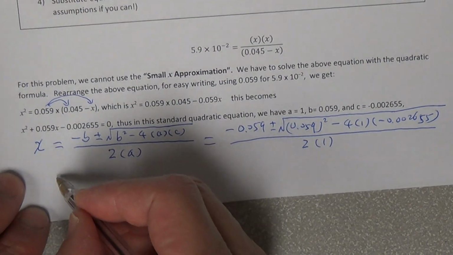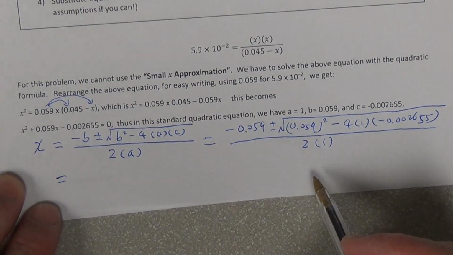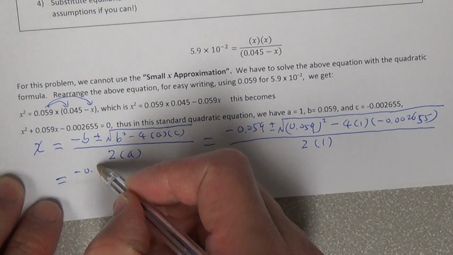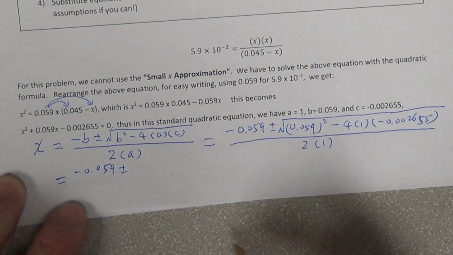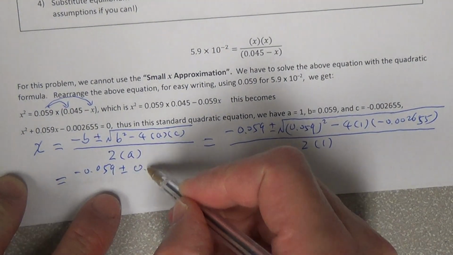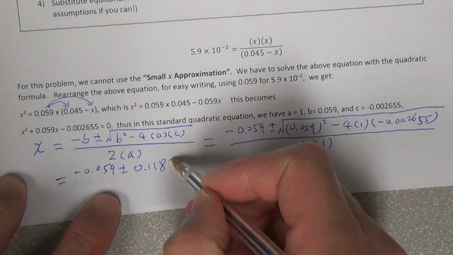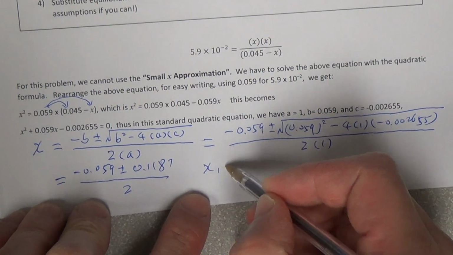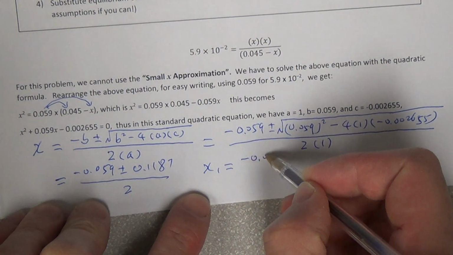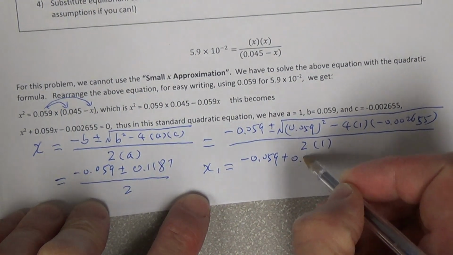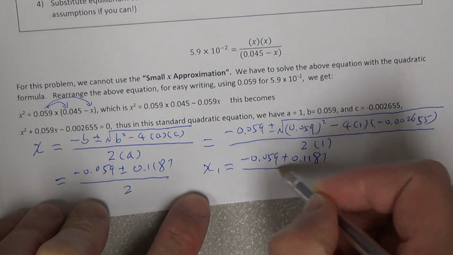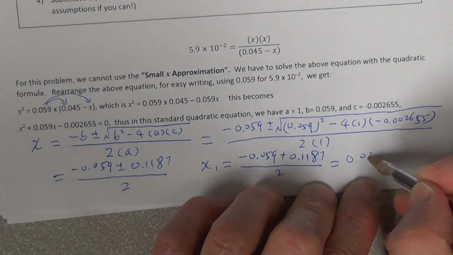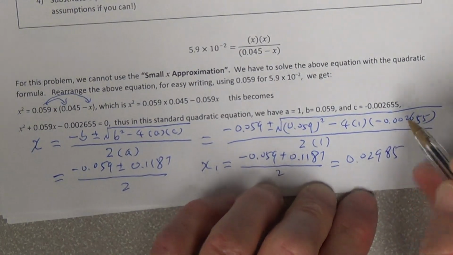Alright, so if you do those calculations, and finally take the square root, we get negative 0.059 plus minus 0.1187 divided by 2. So we take x1 equals negative 0.059 plus 0.1187 divided by 2 equals 0.02985.